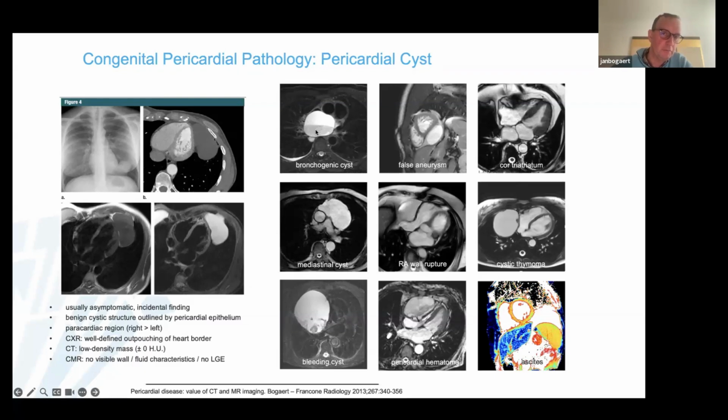Bronchogenic cysts typically have a more atypical wall. Mediastinal cysts are most often located in other places. Bleeding cysts or cystic thymomas most often have a wall, and also have these contents inside. And then you have other conditions like false aneurysms.